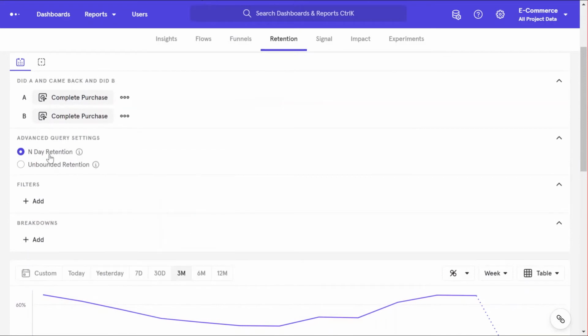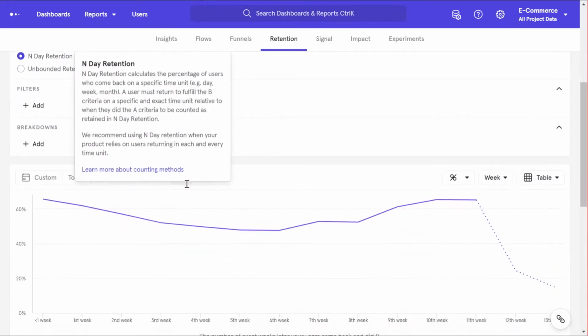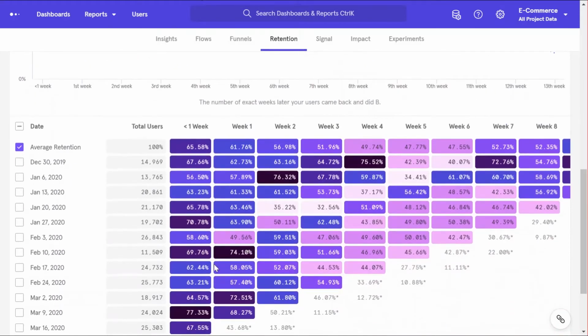The one setting here which we had left for later is this end day retention versus unbounded retention. When you select end day retention, the retention number you see is exactly for this period. So this 62.73% here is exactly for week 1, that is after 7 days of the first event and within 14 days of that event.